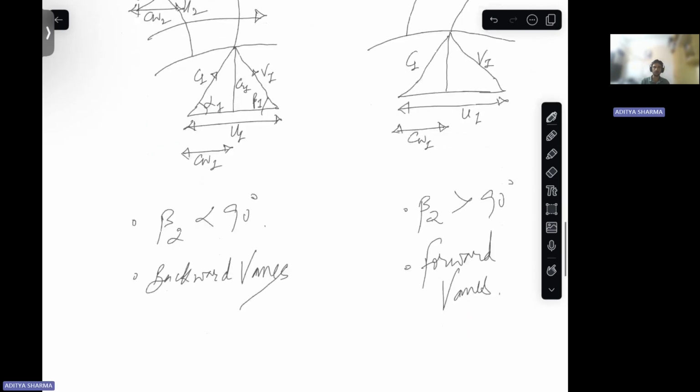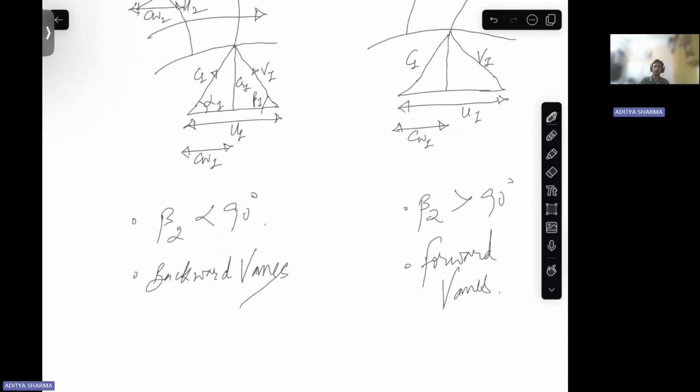Now, what are the implications of these two arrangements? So we'll first discuss our work done. Okay. So we'll have an expression for our work done. After that, we'll see what are the implications of this. We have to define psi, then flow coefficient, then we'll see what are the implications of these two elements.